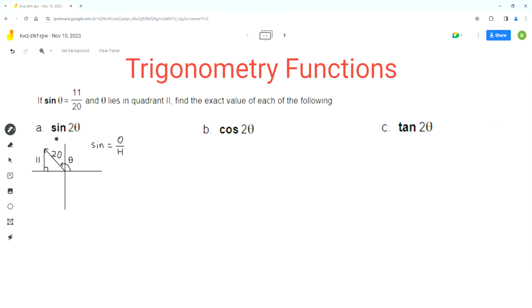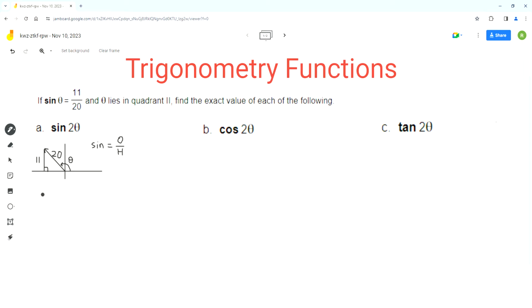Now before we find the value of sine 2 theta, we should find the length of the third side in this triangle, and the third side is this horizontal side. So we can use the Pythagorean theorem because it's a right angle triangle and we know the length of two sides.